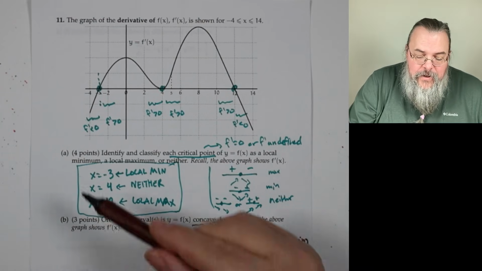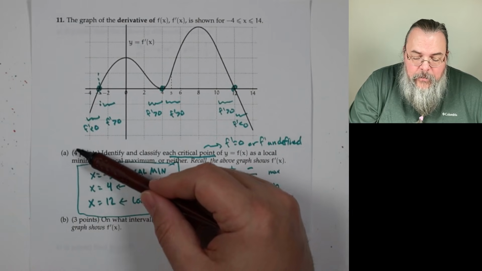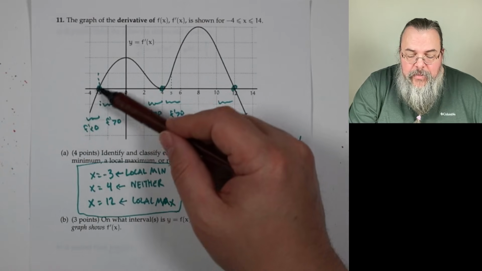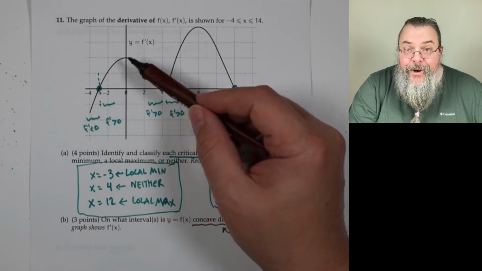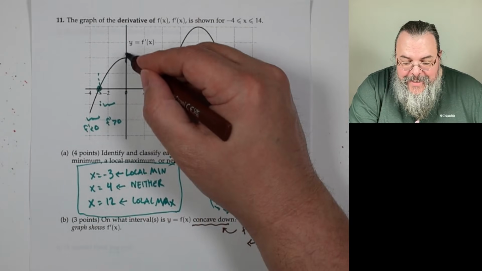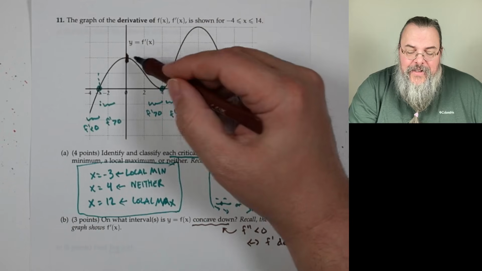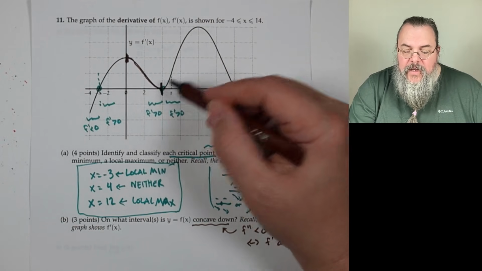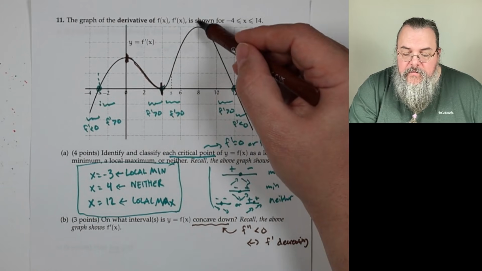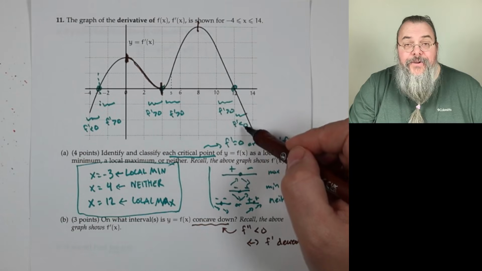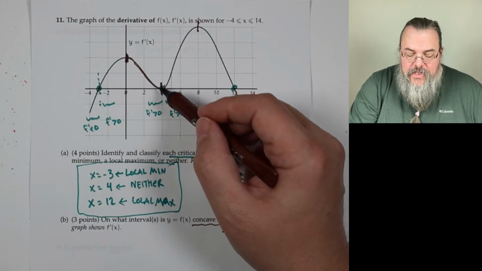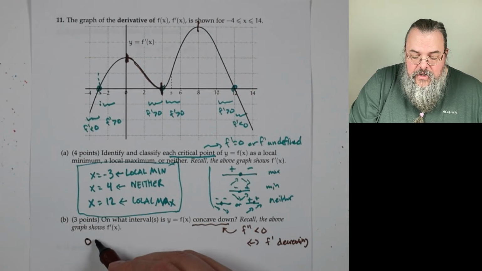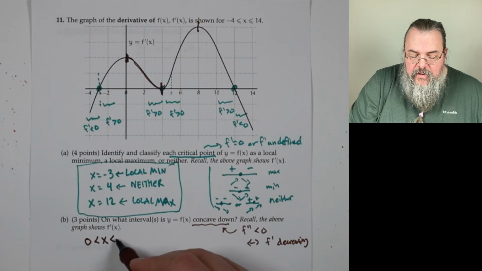So, if we look at this, we say, okay, where in the graph are we going down? So we're going up, up, up until we get to here. Then, going down, down, down, up. We're going up, up, up. Then down, down, down. So we're decreasing, and I would say from 0 up to x less than 4.